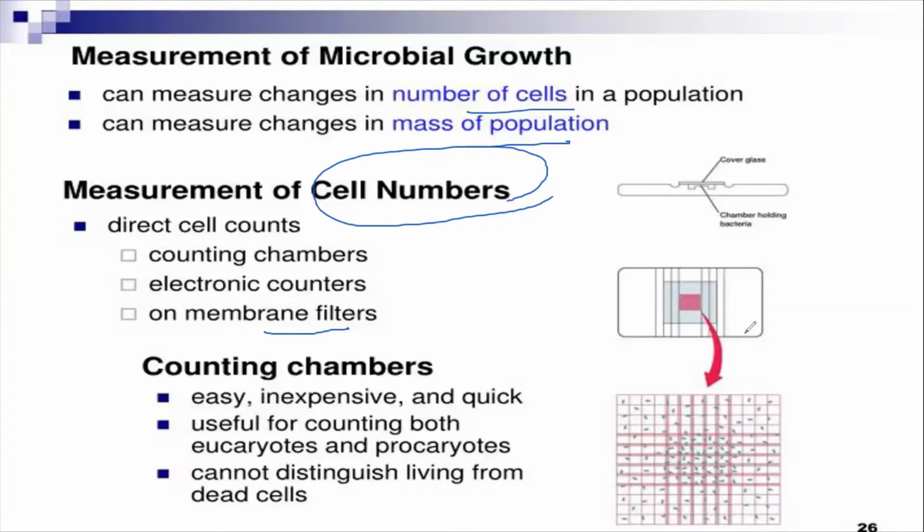Yeah. So we try to spread the cells as well as possible, usually by using a diluent, and then we count 5 areas within and take an average of it.